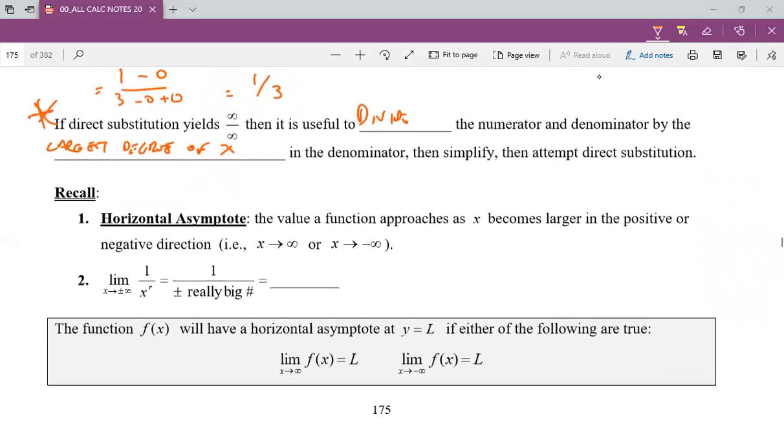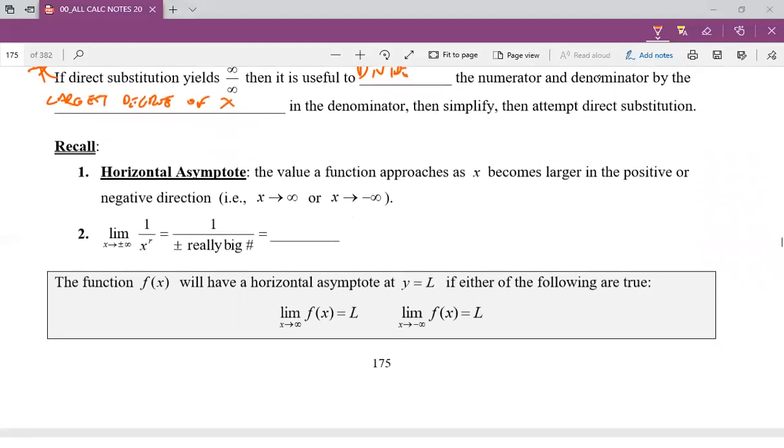So remember that a horizontal asymptote is the value that the function approaches as x becomes larger, either in the positive or negative direction. That's your asymptote that our function is getting closer and closer to when x gets inherently large or small.